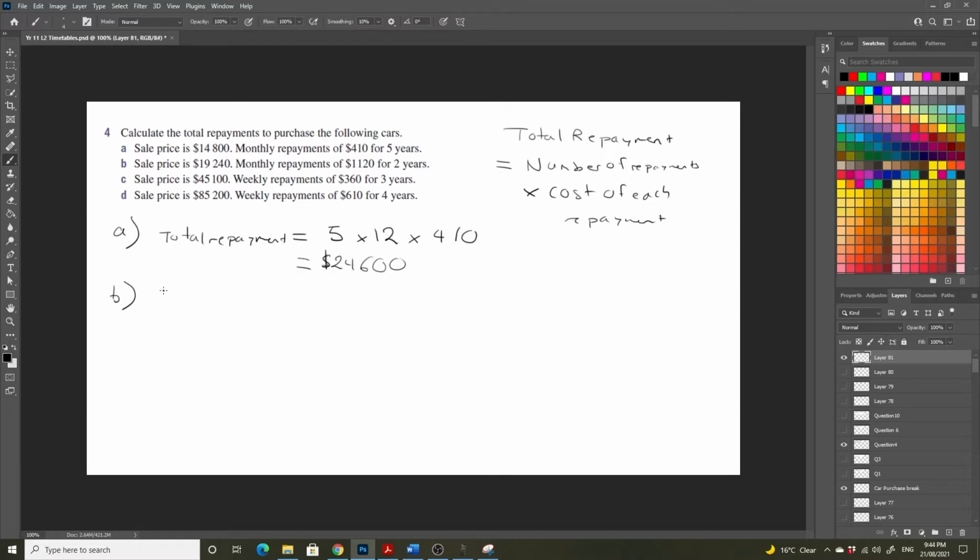Okay, the next one, our total repayment is going to be equal to, well, it's a monthly repayment again, so we need to convert 2 years into months, so 2 times 12, and then multiplied by our monthly repayments, $1,120 a month.